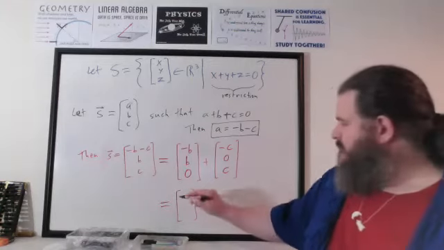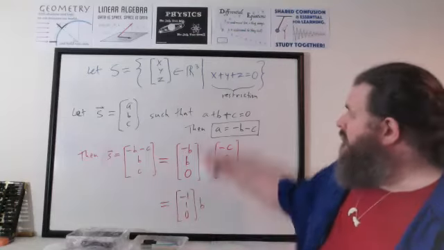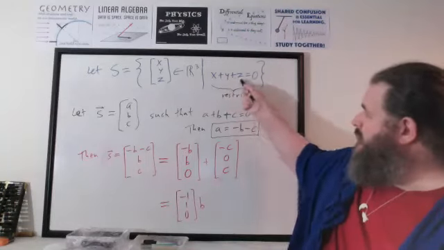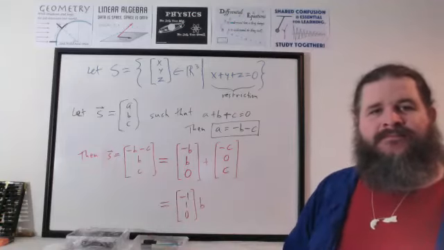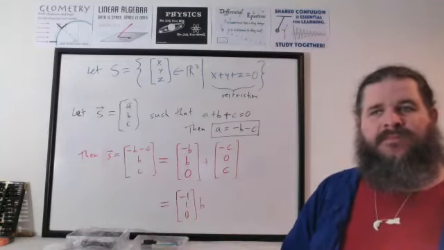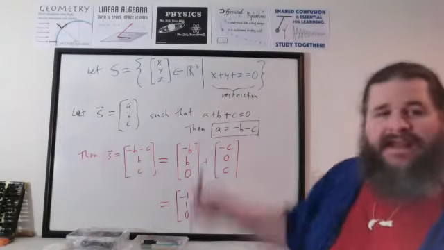Negative 1, 1 and 0. Yeah. And compare that to the original definition, x plus y plus z. If we add up the coordinates of this, what do we get? 0. Yeah, so that means this vector, negative 1, 1, 0, is a member of set S.